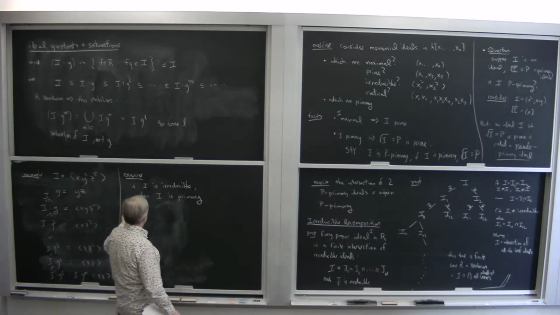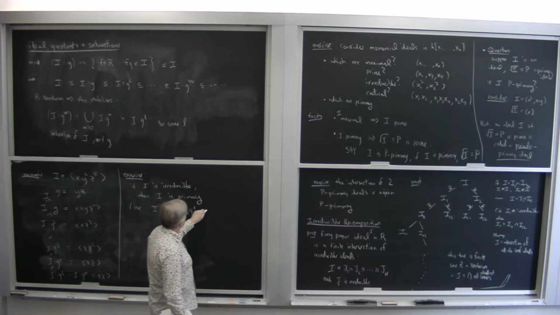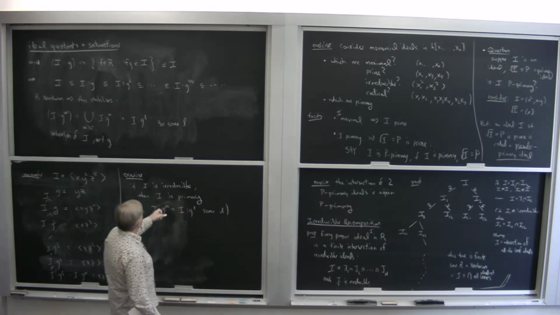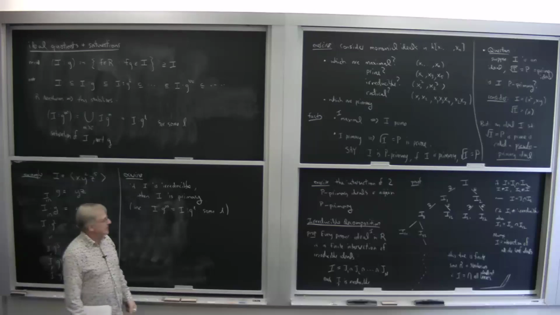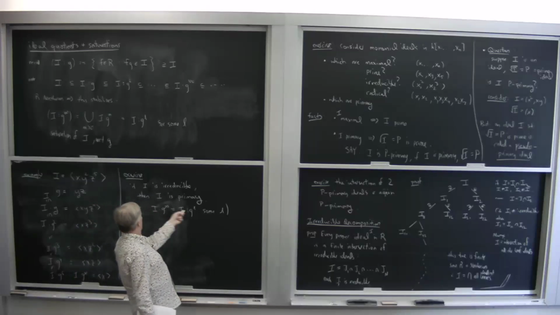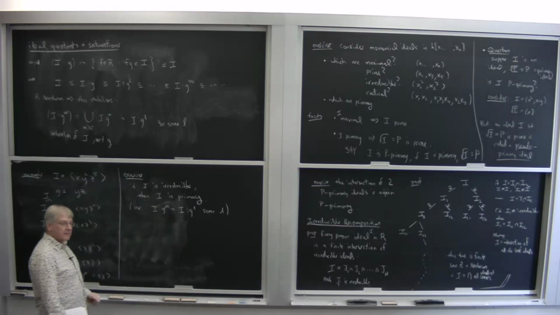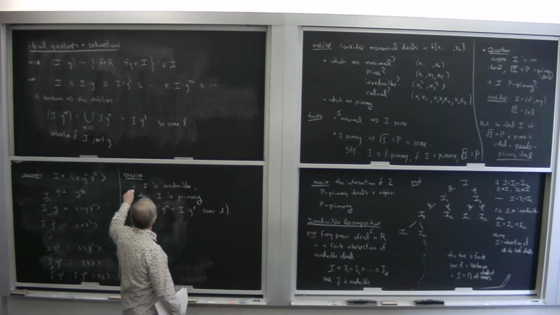And the hint is to use that I colon G infinity is equal to I colon G to the L for some L. To show it's primary, you have to take an F times G in it and say something about it. And there's a G to the M. Well, that's actually going to be pretty cool. It becomes a fairly simple thing, but it's important to do this if you haven't done it. And I think it's better to have you do it yourself rather than me do it.